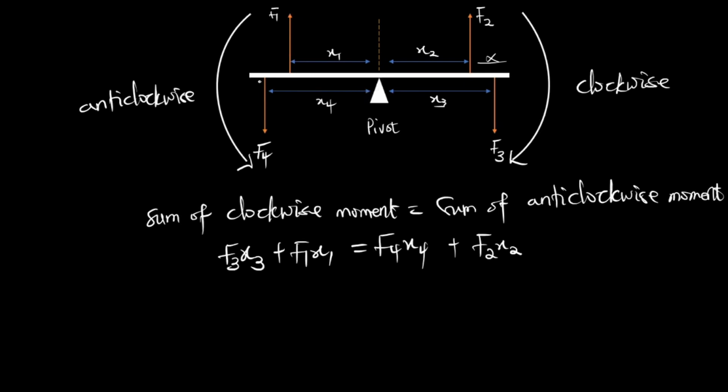So if we look at this diagram, the sum of the clockwise moment is F3 x3 plus F1 x1, which is equal to the sum of the anti-clockwise moment, F4 x4 plus F2 x2.